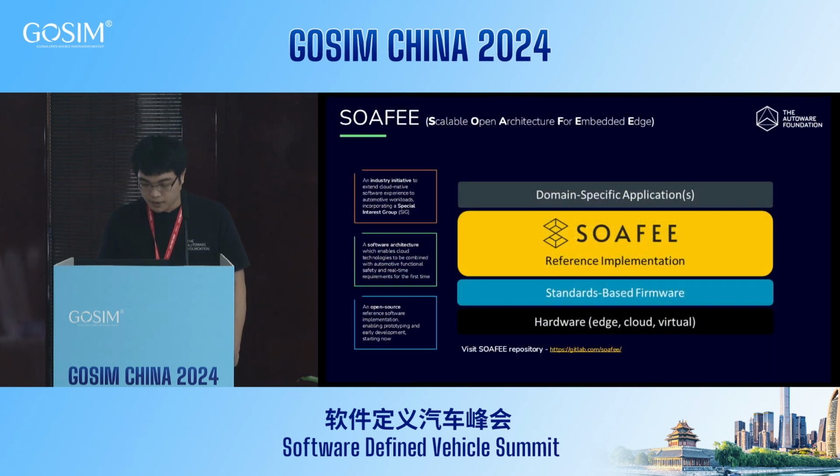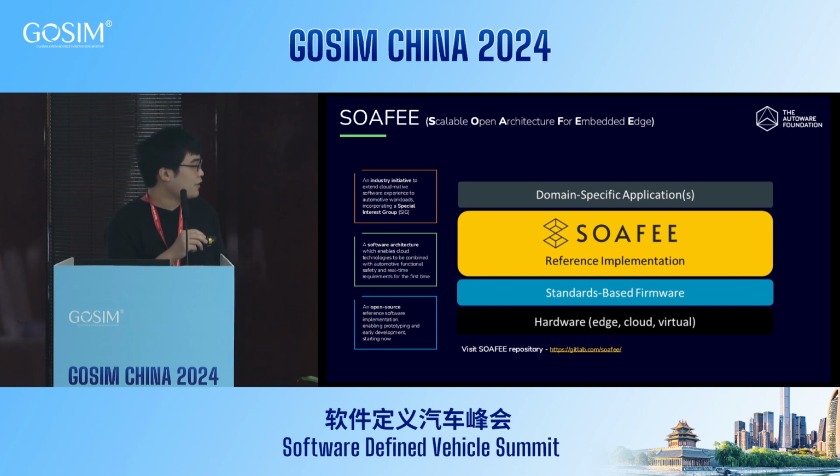I've explained that. For this, we work closely with a group called SOAFEE. SOAFEE is a group which was initiated by ARM. Their focus is to create specifications and a reference implementation which will abstract the hardware from the domain-specific applications, for example, Autoware.